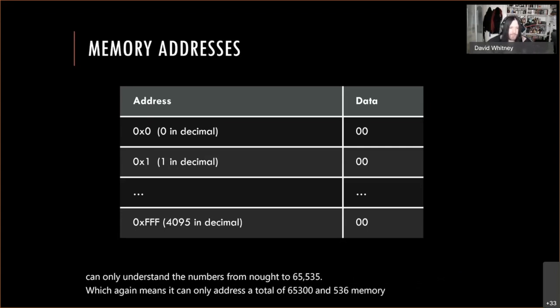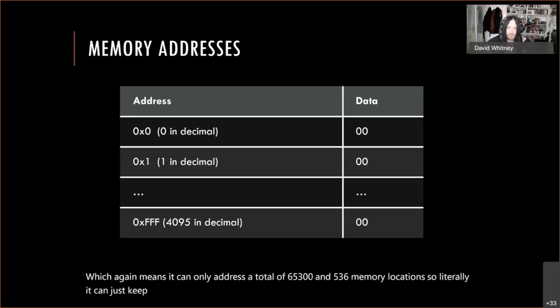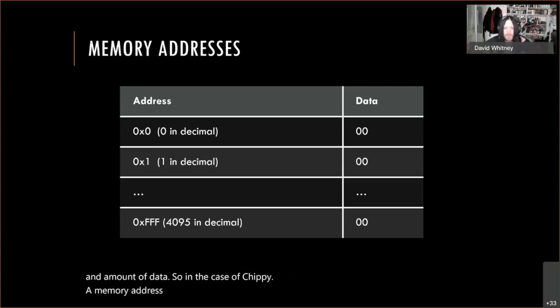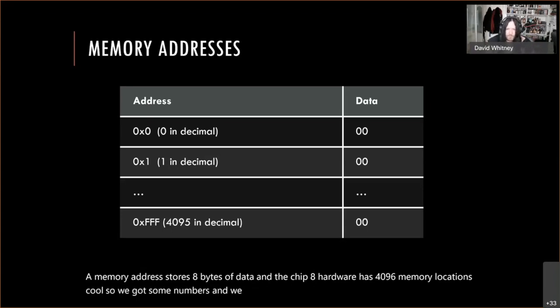So literally, it can just keep a bigger number in memory. And each memory location can store an amount of data. So in the case of Chip 8, a memory address stores 8 bytes of data, and the Chip 8 hardware has 4,096 memory locations. Cool. So we've got some numbers, and we've got CPUs that can refer to locations.